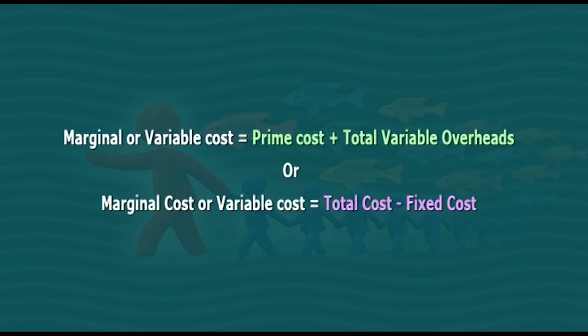Generally, fixed costs are not controllable as they tend to vary with time rather than with level or type of output. Thus, fixed costs are not considered under marginal costing.